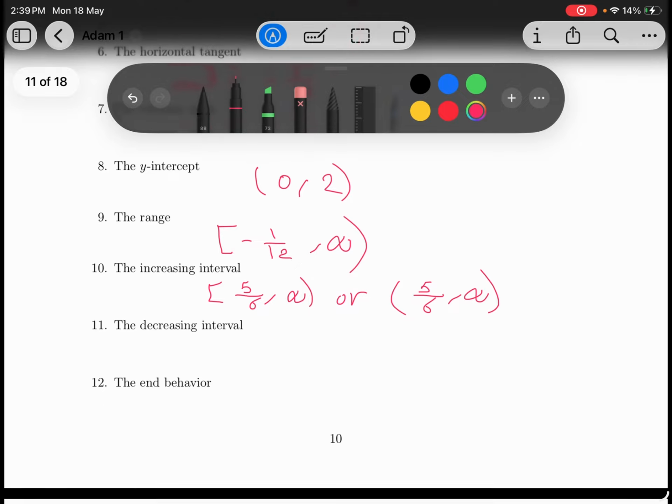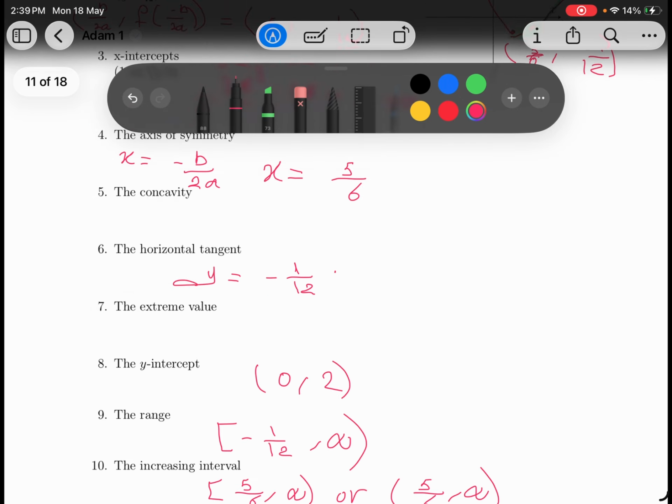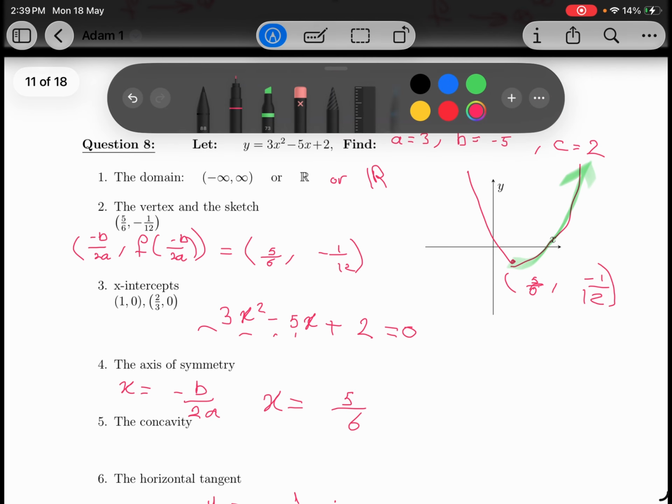And it's decreasing on the complement of that. You see, this portion is decreasing, and the journey of decreasing ends at 5 over what?